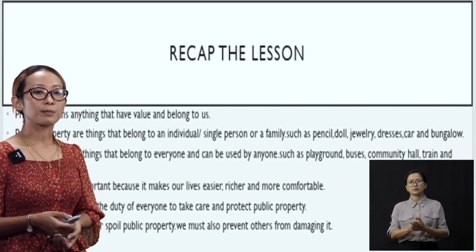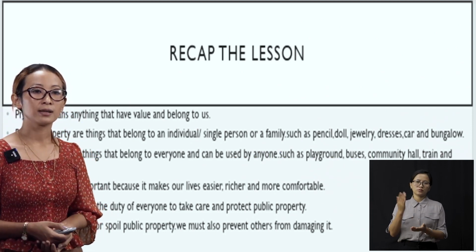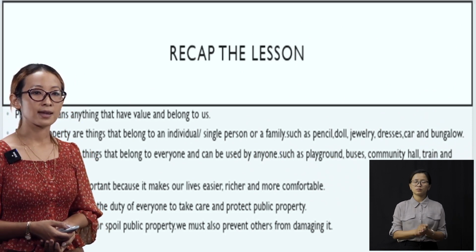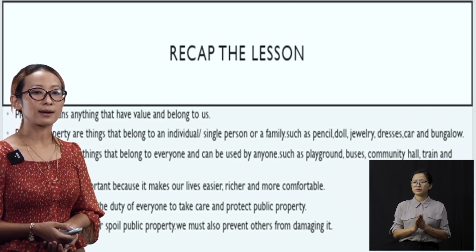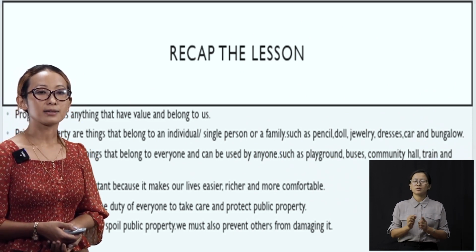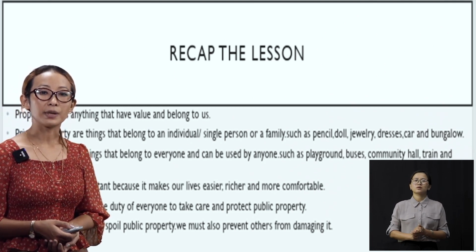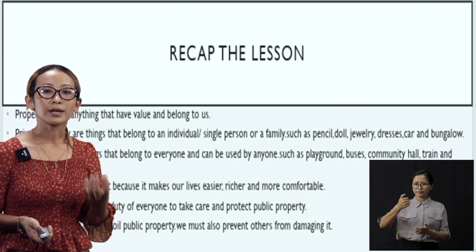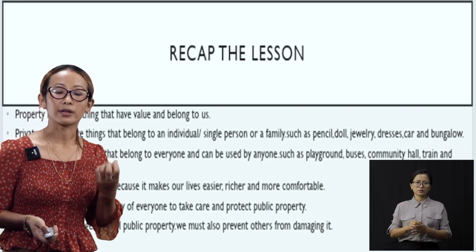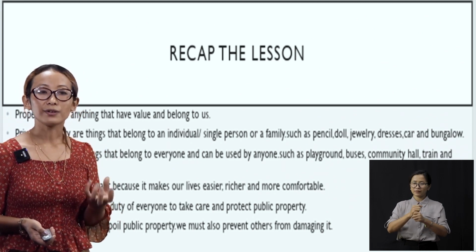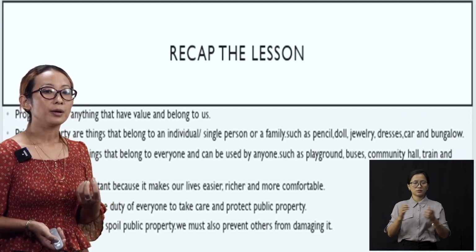So let us recap the lessons we have learned today. Property means anything that has a value and belongs to us. Private properties are the things that belong to an individual, a single person, or a family, such as a pencil, a toy, jewelry, ornaments, a house or a bungalow, or even cars.